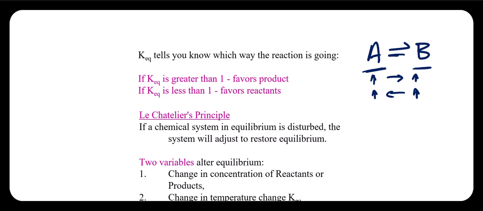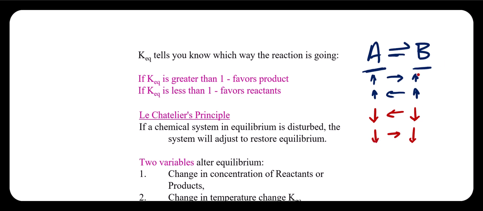Or I'm in equilibrium, but I take away some A. If I take away some A, that'll make some B shift over, replace some of the A, and I'll end up with less of both. Or I'm in equilibrium. I take away some B. That will make some A shift over, replace some B, and I have less of both.